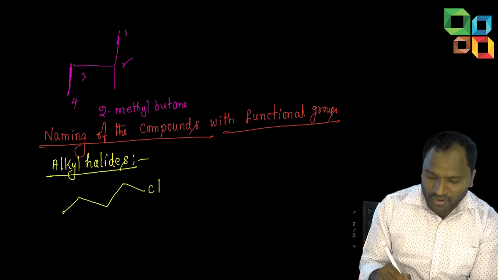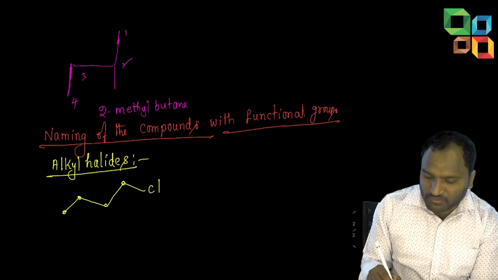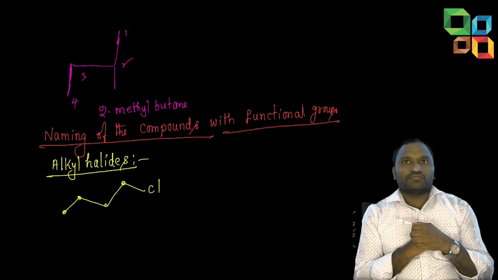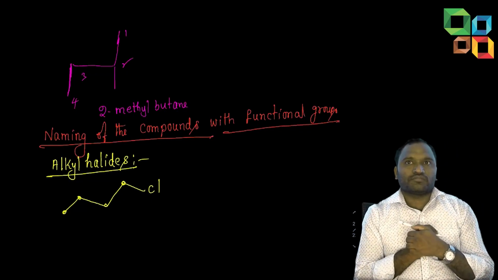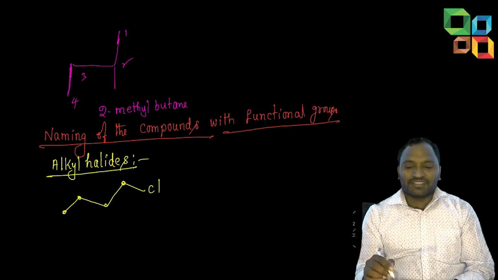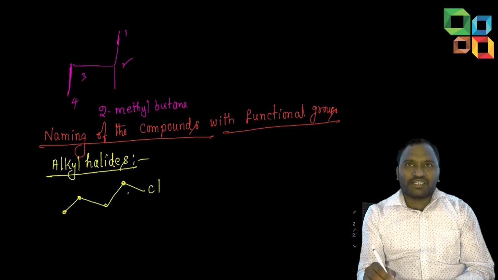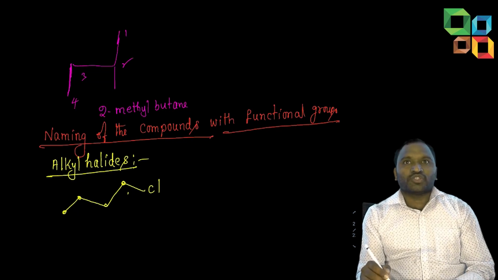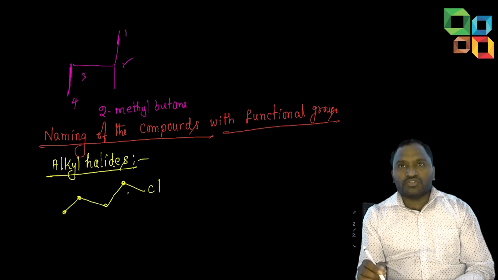See, students, 1, 2, 3, 4 carbon atoms only. On the fourth carbon, chlorine is attached. But on this side we can't give numbering; we have to number from this side. The substituent should get the lowest number.